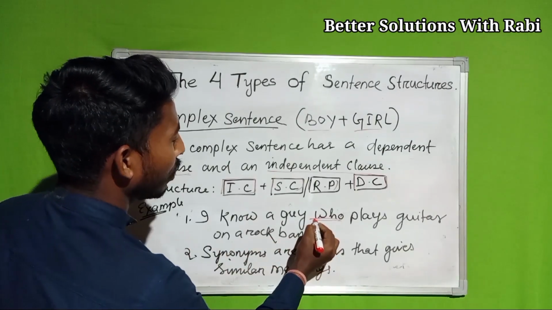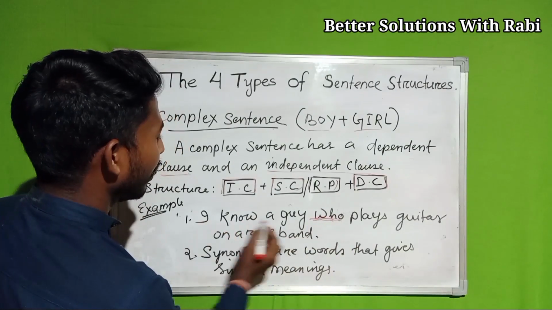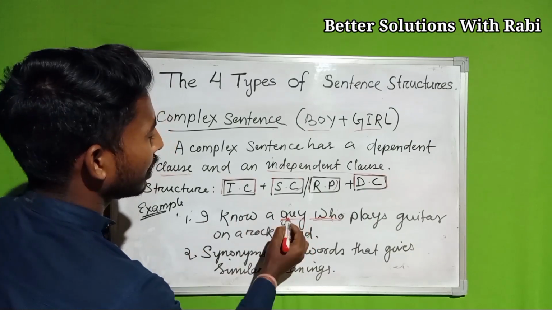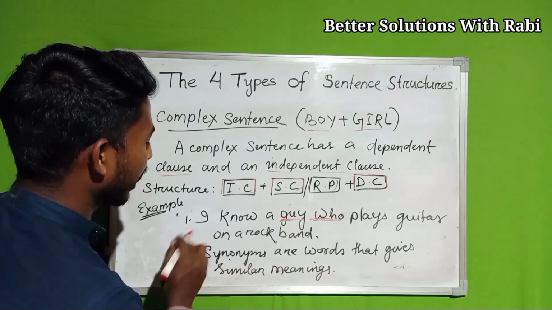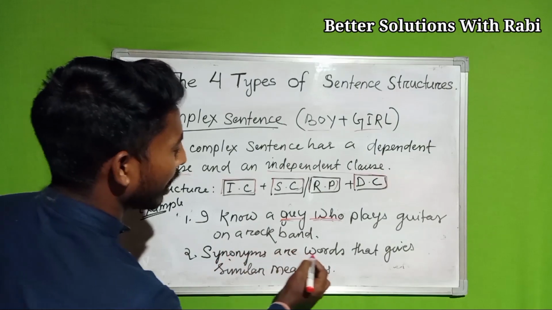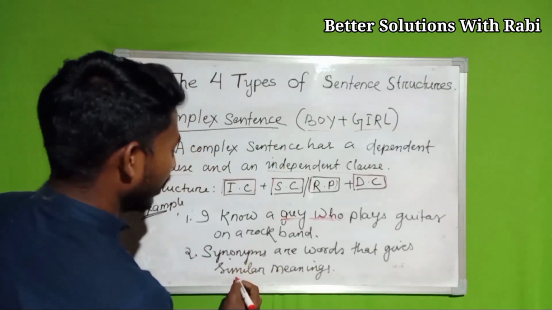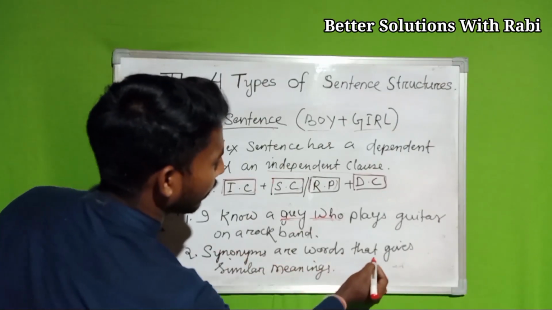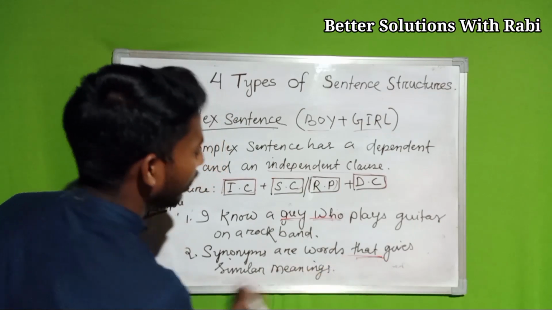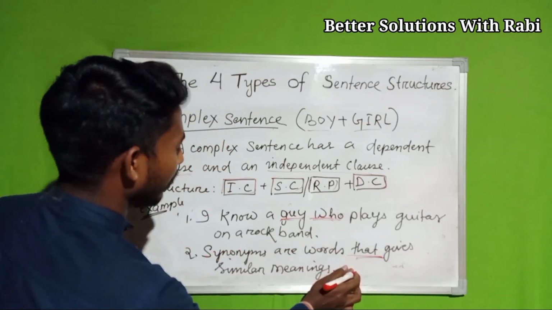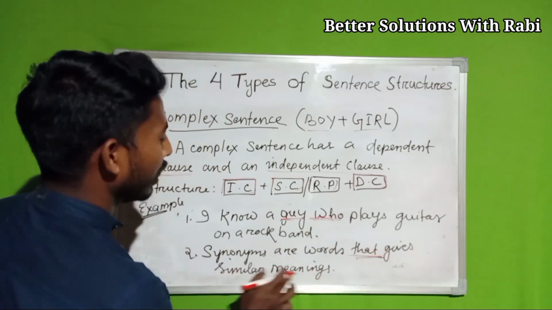Okay, this "who" is the pronoun of this guy. Now in the second one also we'll see, synonyms are words that give similar meanings. Okay, "that" is the relative pronoun there.